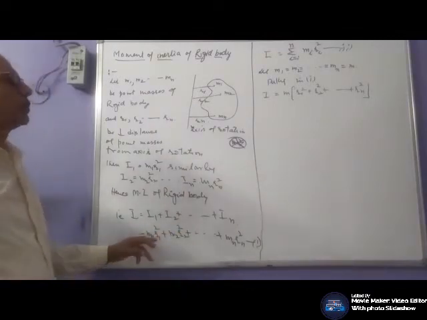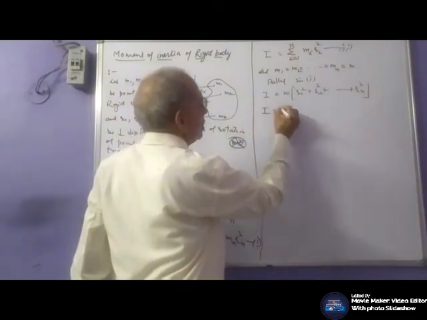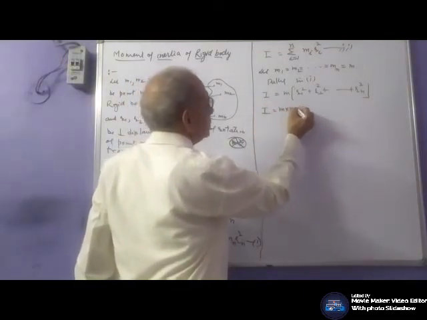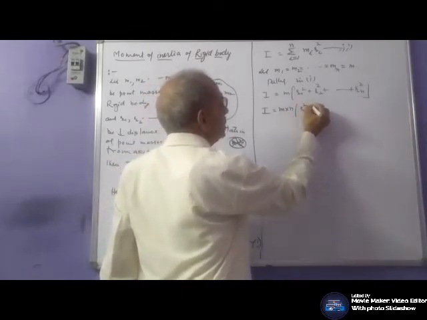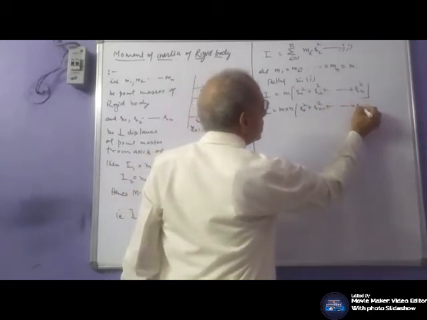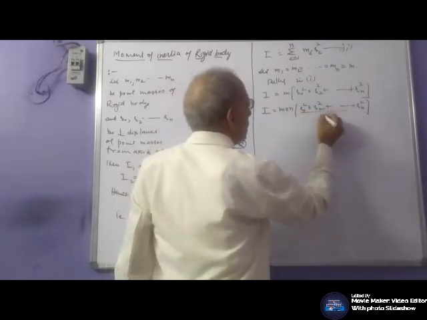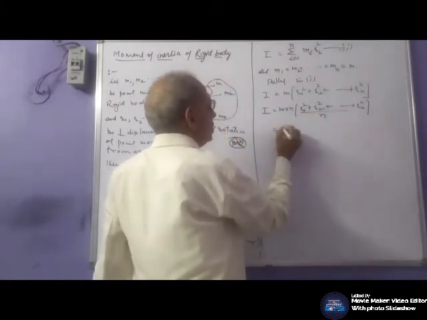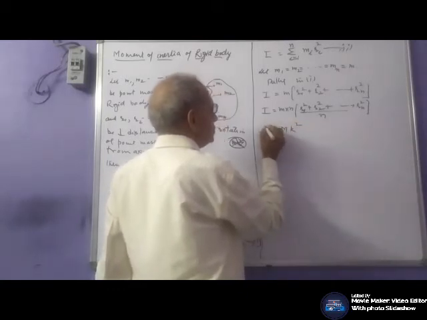I multiplied by n, so you have to divide by n, otherwise the equation will change. This is m, this is k square.